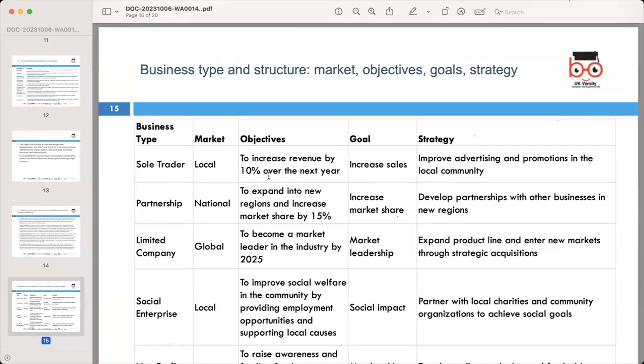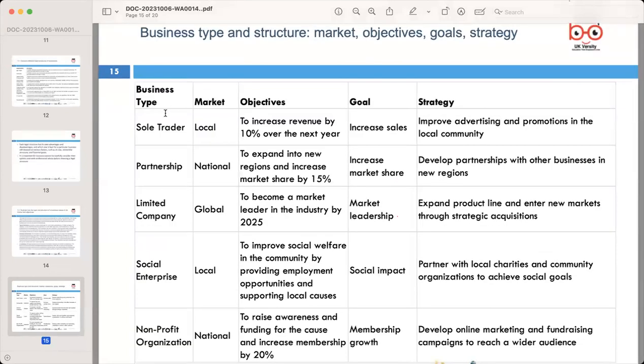Objective: increase revenue by 10% over the next year. Strategy: increase sales, improve advertising and promotion in the local community. Sole traders' business strategy can be like this. Then for partnership, the goal is to expand into new regions and increase market share by 15%, with strategy to develop partnerships with other businesses in new regions.